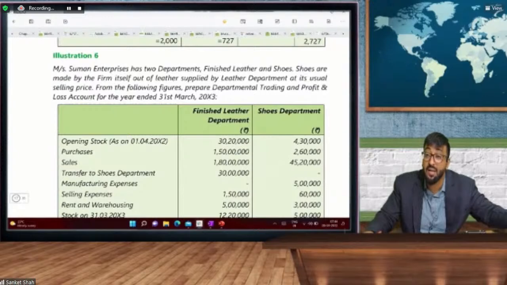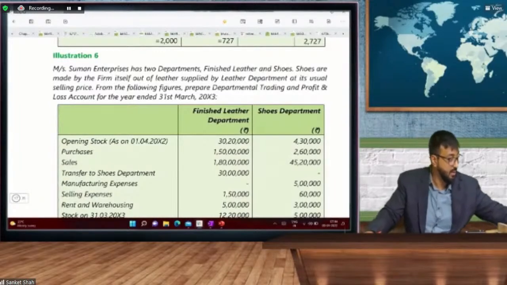That is the unrealized profit in the receiving department. The receiving department includes unrealized profit, but the sender department's GP is in the receiver's stock. This is the only important point in this question. I hope everyone is clear with the concept now.